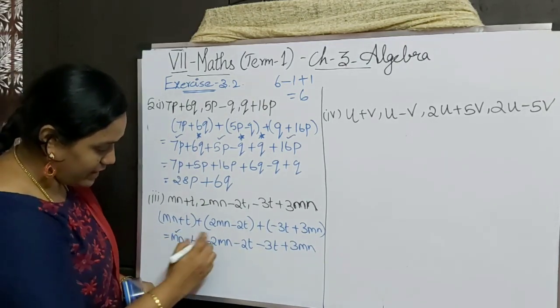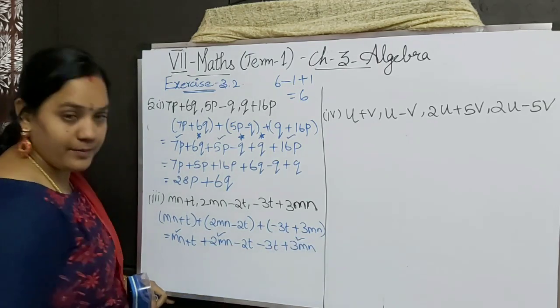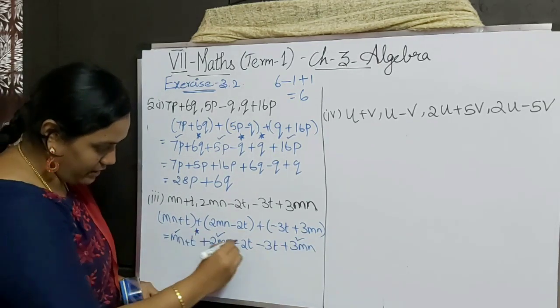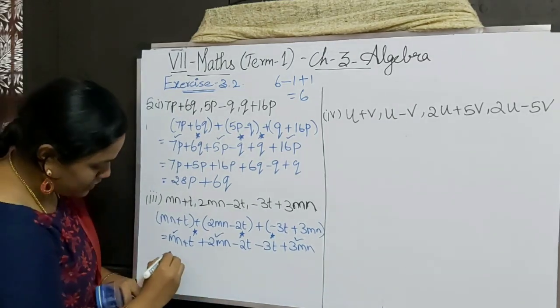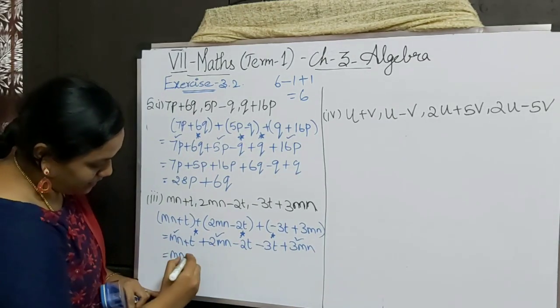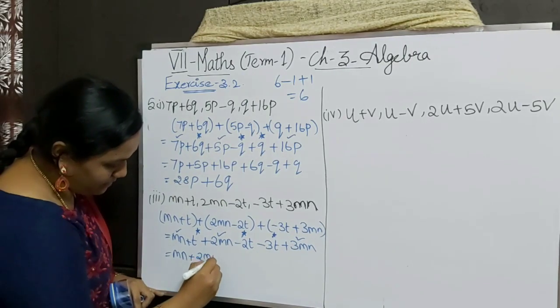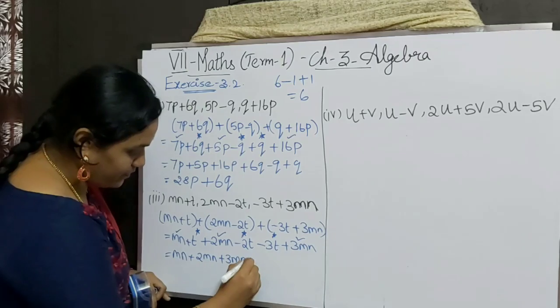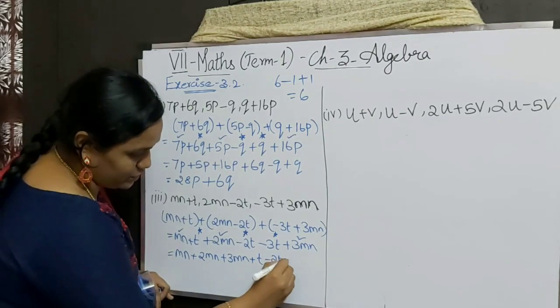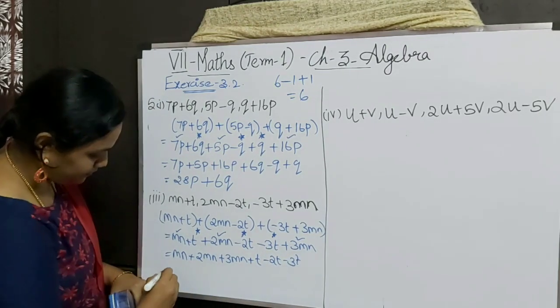So the mn variable is here, here and here. The t variable is here, here and here. I am mentioning using tick and star. So mn terms: mn plus 2mn plus 3mn. Next t terms: plus t minus 2t minus 3t.